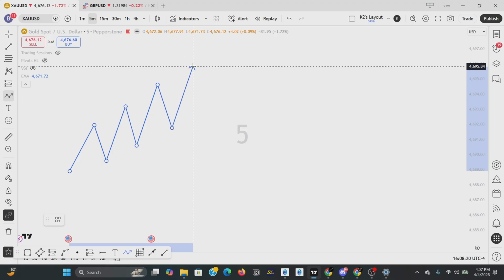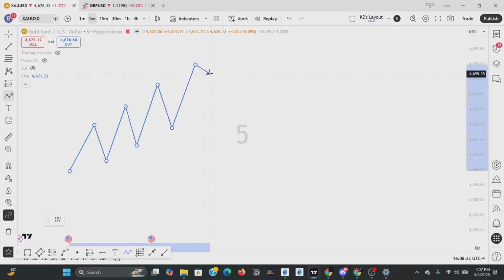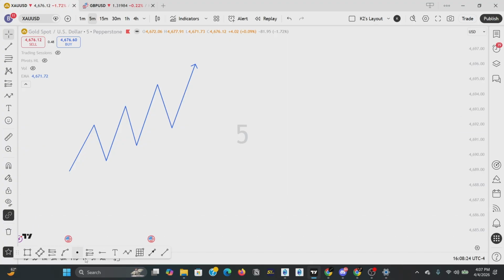How I trade is like this. If I see the markets are going up and consistently making higher highs and higher lows, see right here, we have a high, we have our low. Boom. Okay, after this low, what happens? It makes a higher high, right?